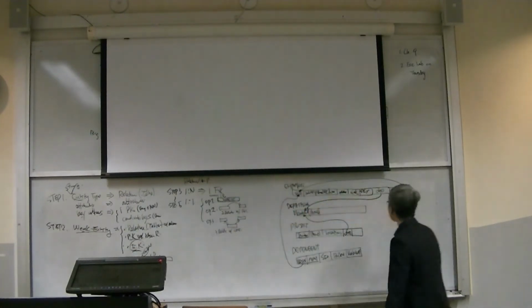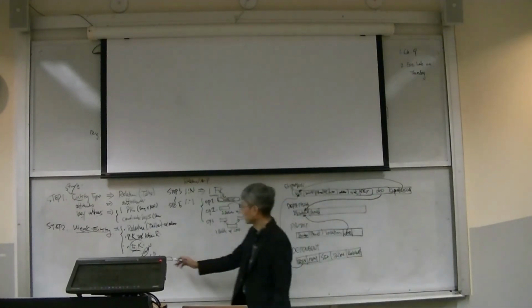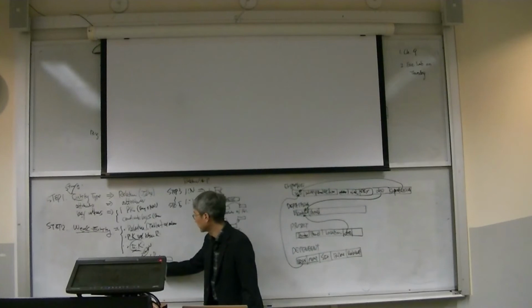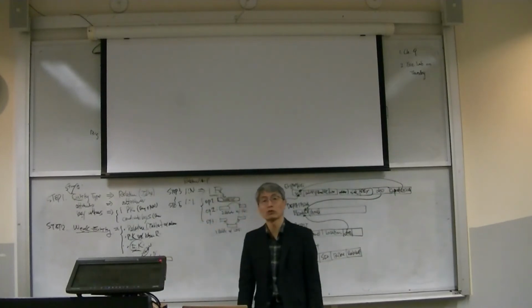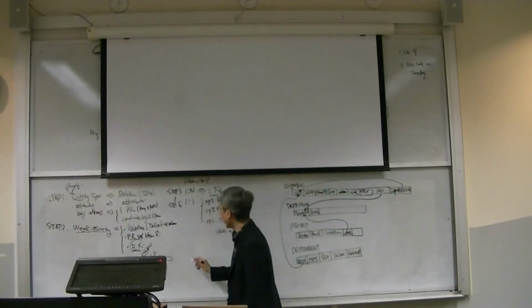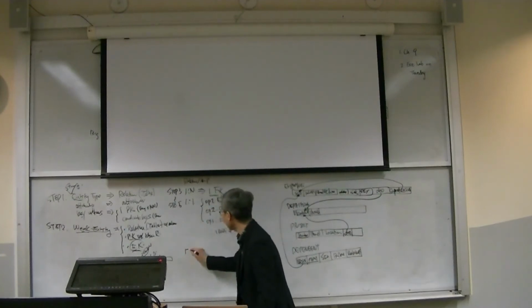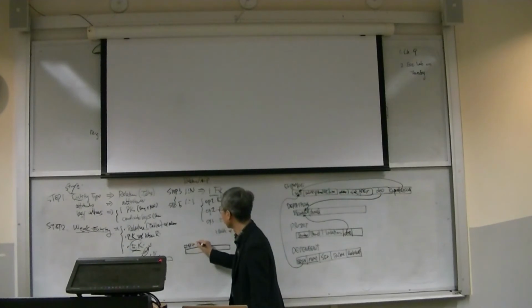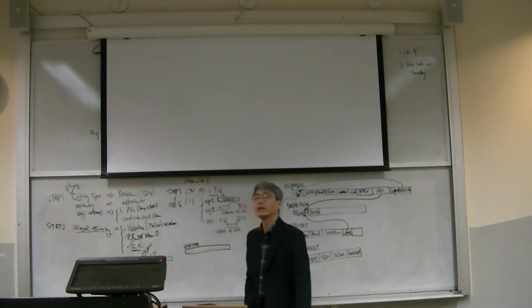Let me show you an example of this. We have the manager, employee, and department, a one-to-one mapping. With option one, we can create the employee, one relation.